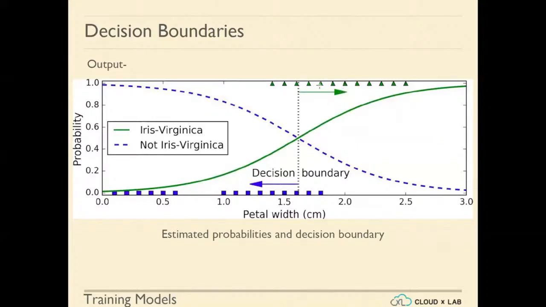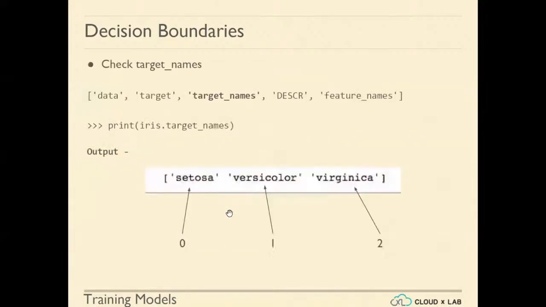So this triangle means a Virginica class sample, and this square means the not Virginica class. The input samples shown as squares may belong to either Setosa class or Versicolor class, but we don't care, because here we are only solving a binary classification problem, Virginica versus not Virginica.